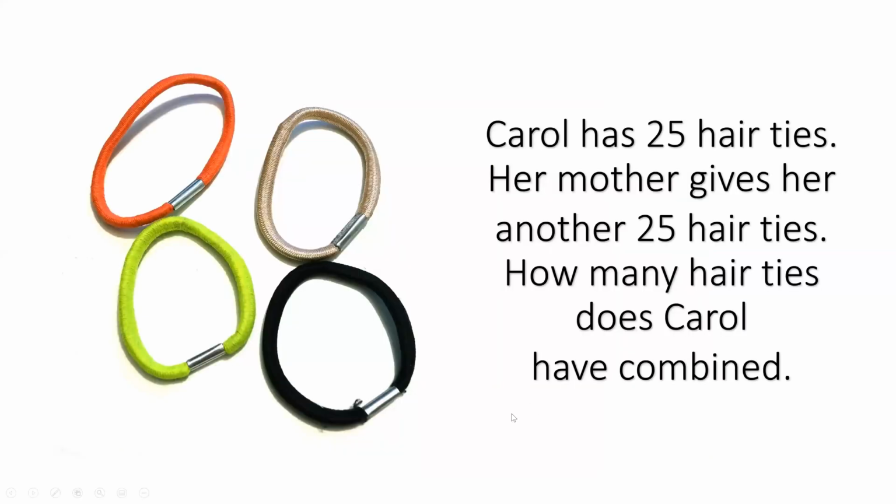Carol has 25 hair ties. Her mom gives her another 25 hair ties. How many hair ties does Carol have combined? So now will be a great time to pause the video and find the word in the word problem that matches our addition vocabulary words.